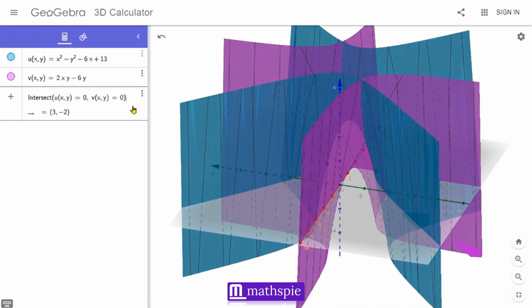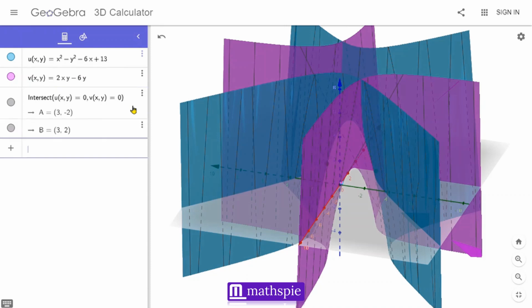Of course we should get two values because the polynomial is a quadratic equation. And yes, if you press enter, you will get two values, 3 comma minus 2 and 3 comma plus 2. So on the basis of our calculation, the roots of the polynomial are 3 minus 2i and 3 plus 2i.